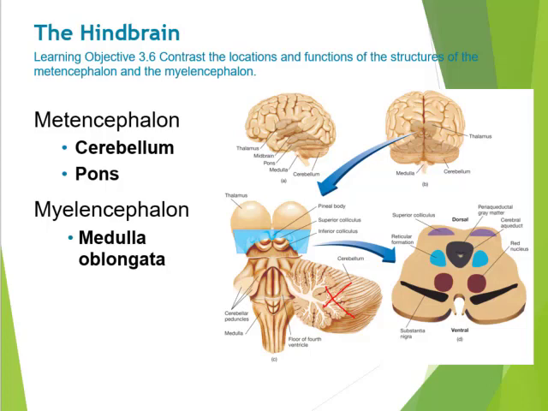The medulla is important for vital functions such as the regulation of your cardiovascular and respiratory systems. So your breathing, the pumping of your heart are controlled by the medulla oblongata. And also skeletal muscle tone is controlled by the medulla oblongata.